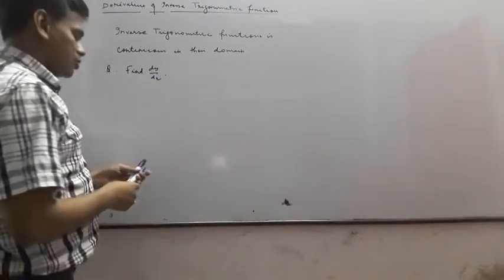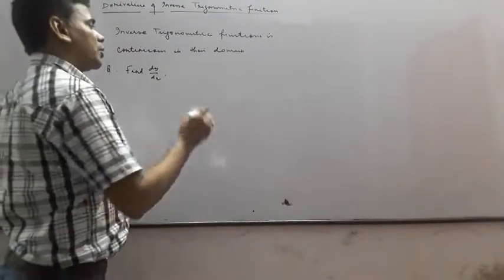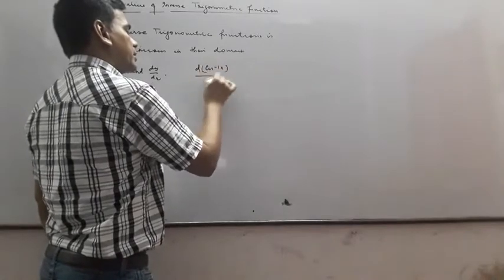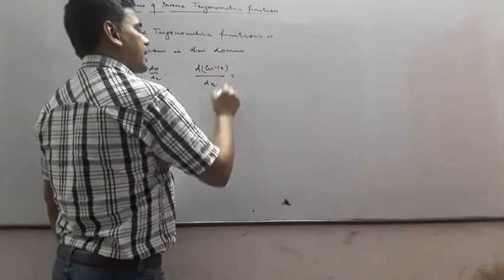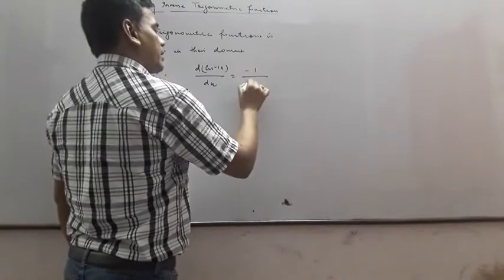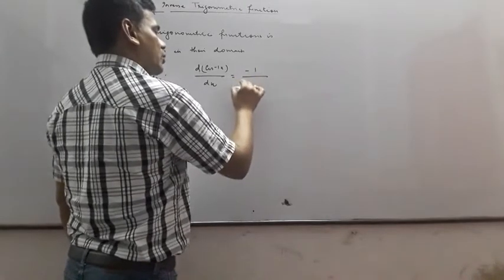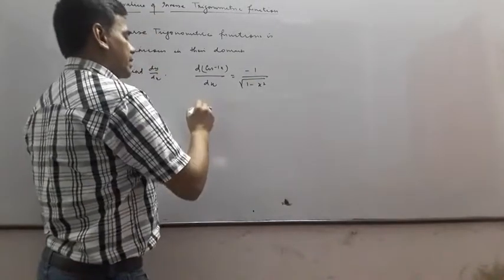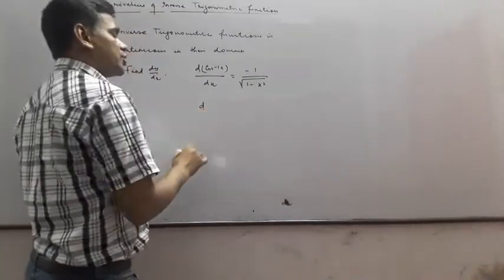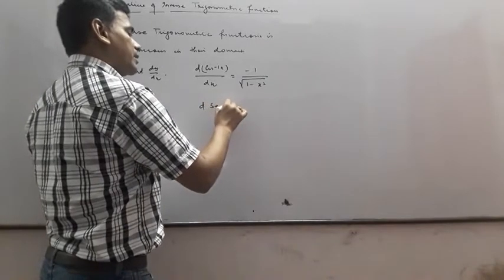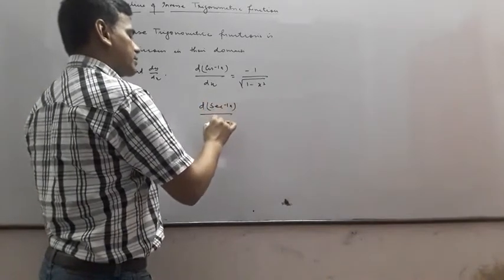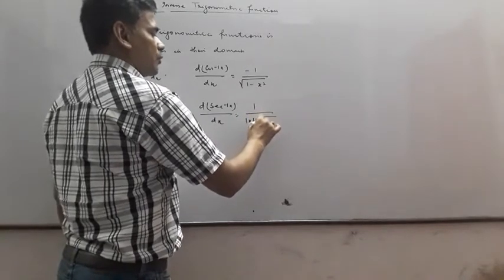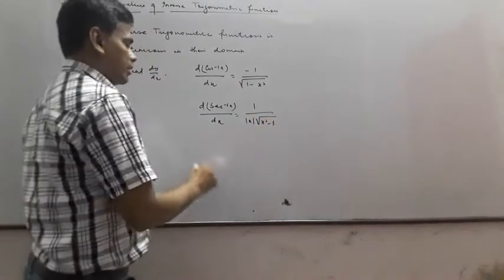You will have to learn these all. So the differentiation of cos inverse x dx, its answer is minus 1 by under root 1 minus x square. Second, differentiation of sec inverse x dx, its answer is 1 by mod x under root of x square minus 1.